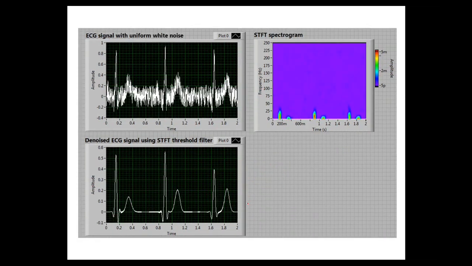Okay. So for the ECG signal with uniform white noise, again we can go for the denoising, and over here again you can see there are some distortions in the P wave.